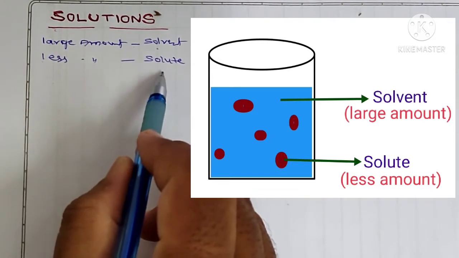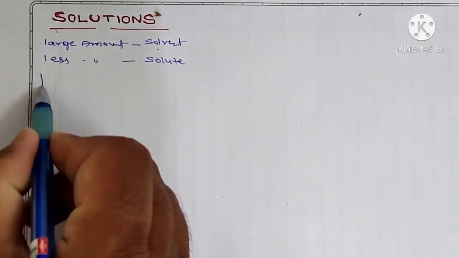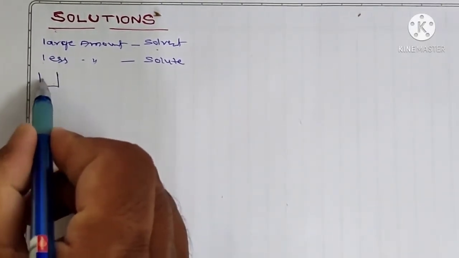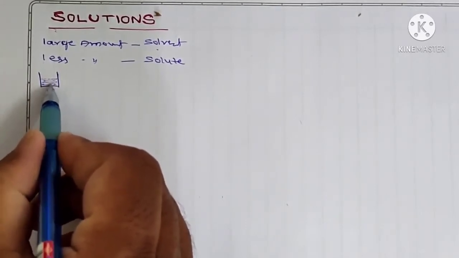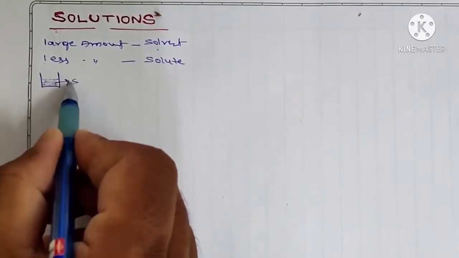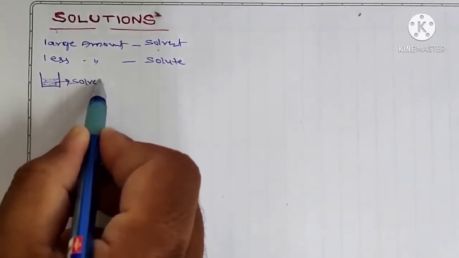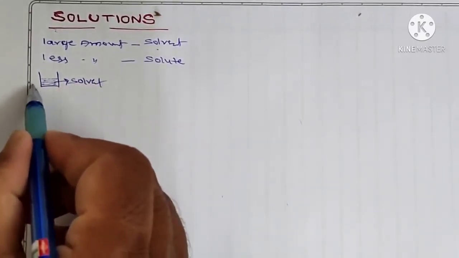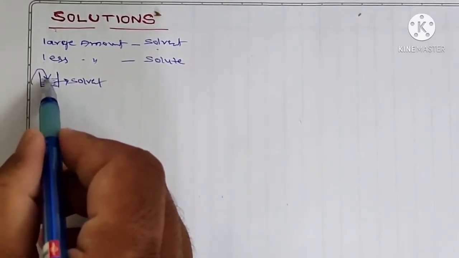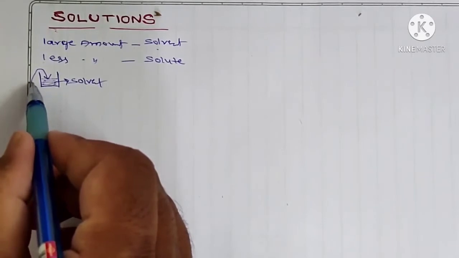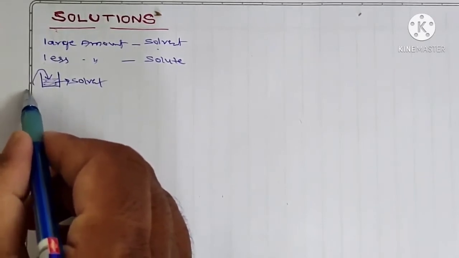If I take one beaker here, and I take water, that water is in large amount, so that's why it is a solvent. And if I add sugar into that water, that sugar is in less amount, so that's why it is called solute.